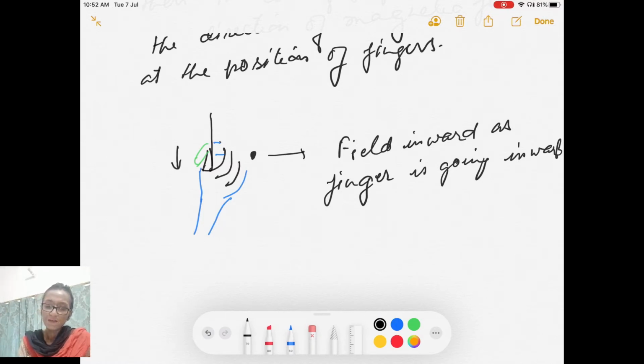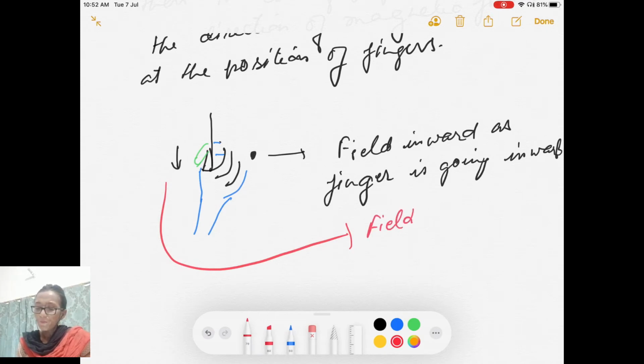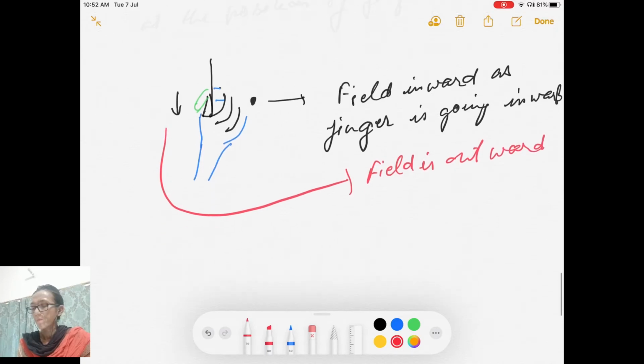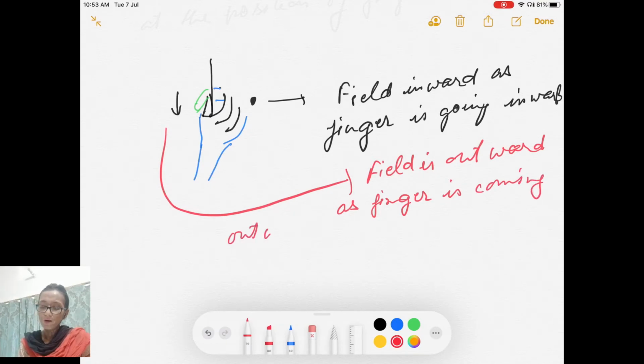At this point, the field is outward, as the finger is coming outward.